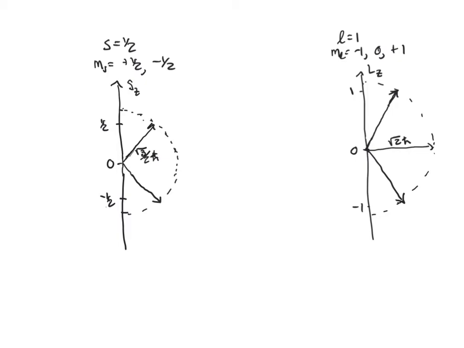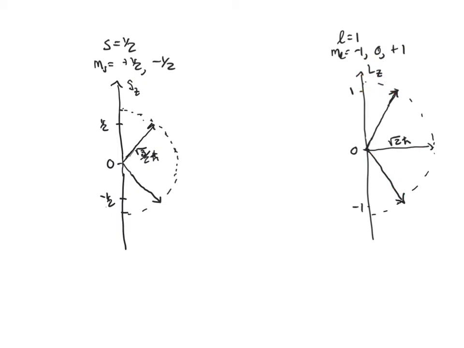Let's complete this picture by thinking about the analogy to our vector diagrams for the orbital angular momentum. Remember that the spatial wave functions that we've been talking about are eigenfunctions of the L z operator as well as eigenfunctions of the L squared operator. And so we know the length of this vector, the magnitude, because we know the eigenvalue for the L squared operator, and we know the possible directions of this vector because we know the shadow on the z-axis.